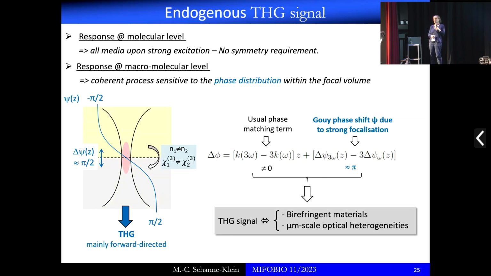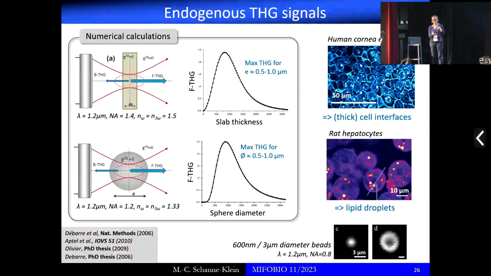The first one is to use birefringent materials so that we do not have the same polarization for the third harmonic beam and the excitation beam, or just to have heterogeneities so that we build the signal here, but here there is no third harmonic signal, or a very small one. I mean, the amplitude of the third harmonic signal is different between tissues. So it means that we need micrometer-scale optical heterogeneities.